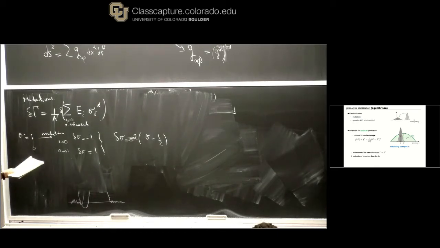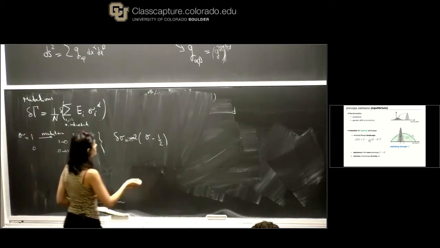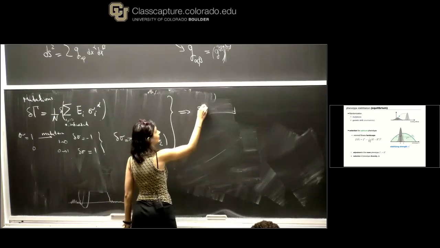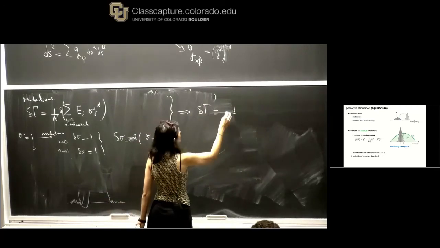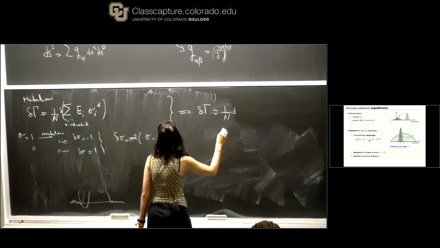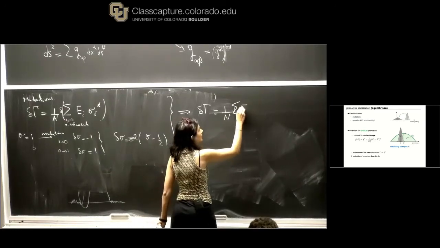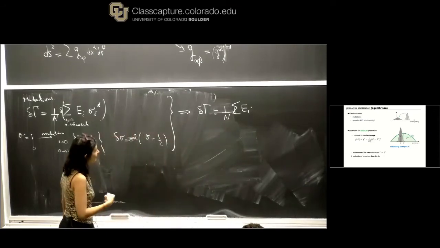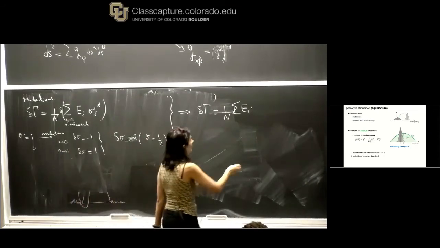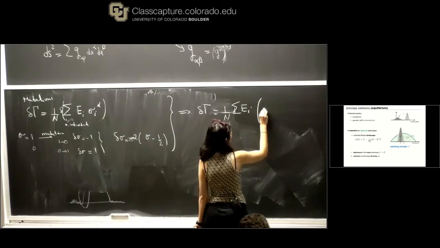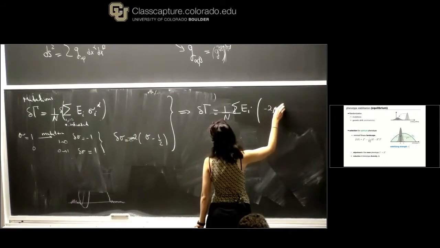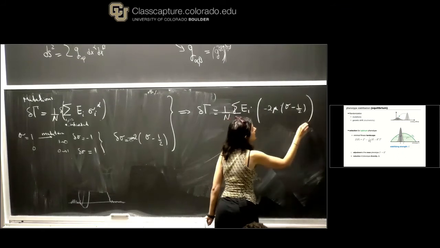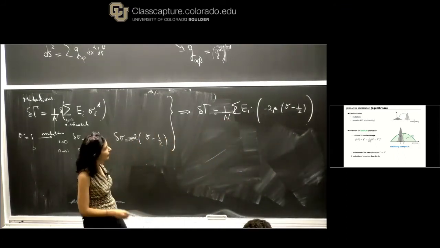And so if I now put this up here, my delta gamma would be 1 over N, sum over E_i. And then they happen with a rate, the mutation rate mu, so you multiply it with a rate: minus 2 mu times sigma minus 1/2.